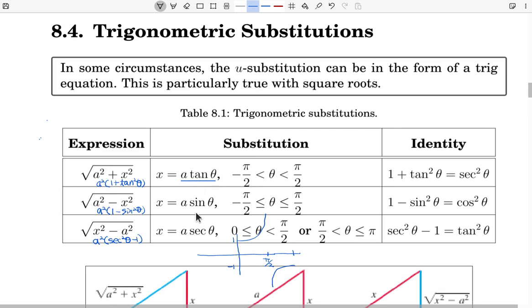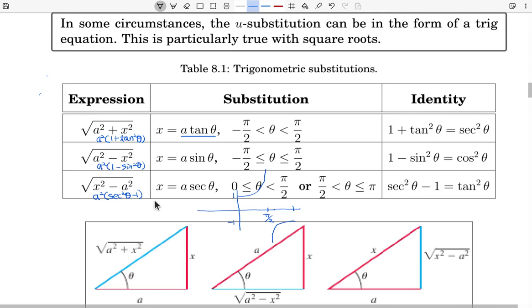This one is used for values between minus 1 and 1. And this one is used for values larger than 1 and smaller than minus 1. So their usages are different, right? You can understand it that way. The main thing is that you cannot make a negative inside the radical.